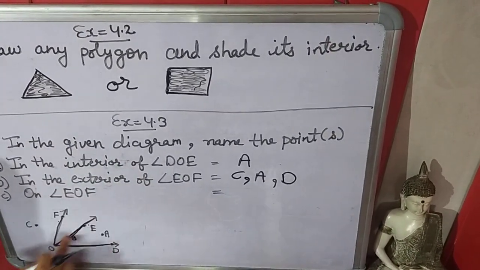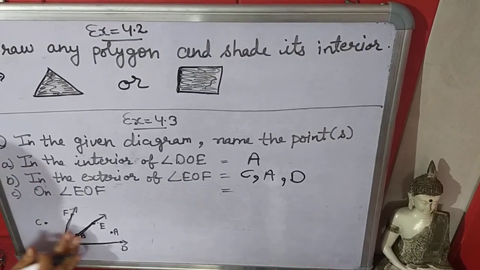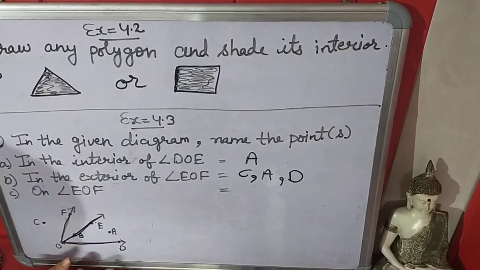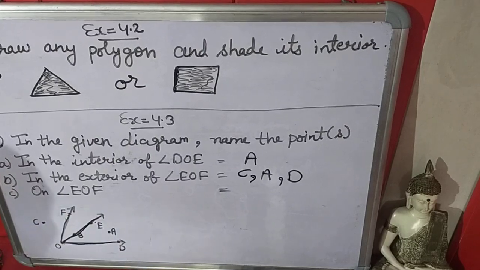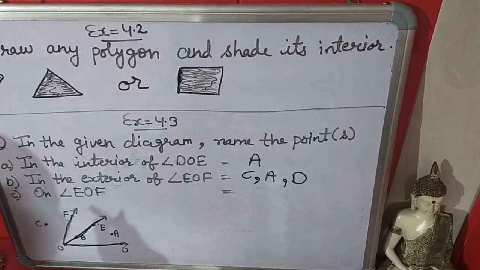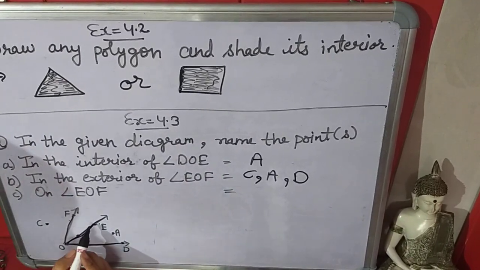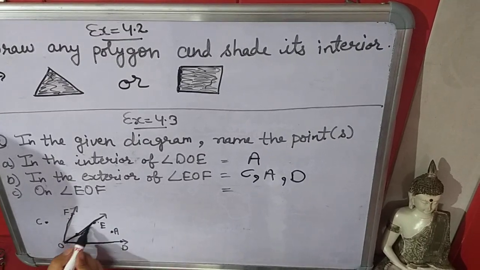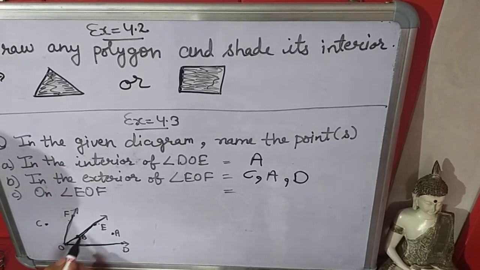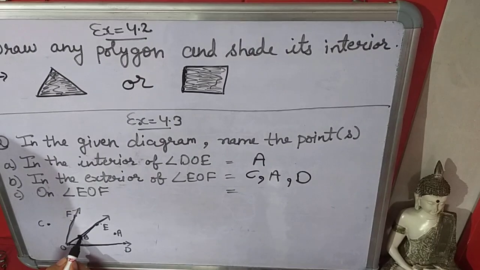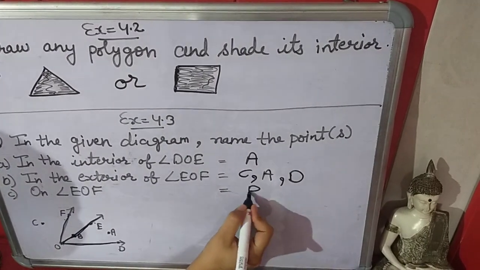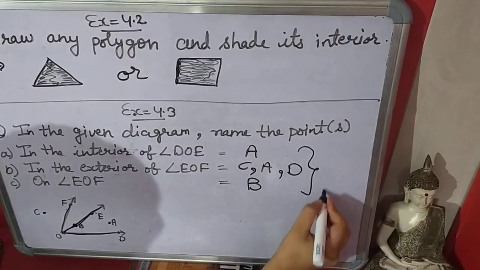They all are in the exterior of EOF. We will see this side also and that side also. On angle EOF, meaning on any line of that angle EOF, there is only point B. So its answer is B.